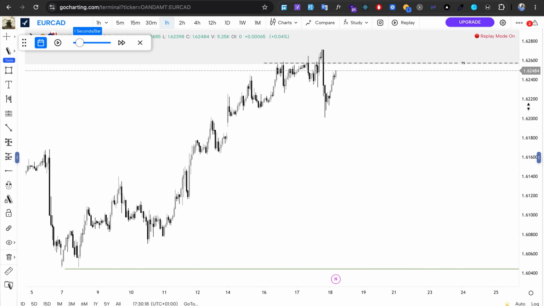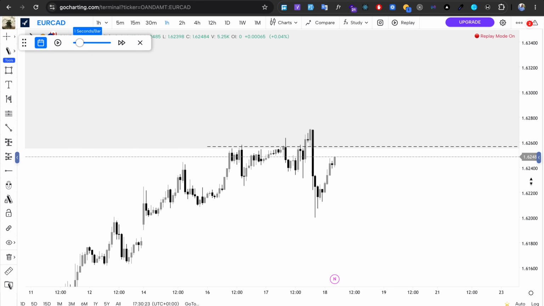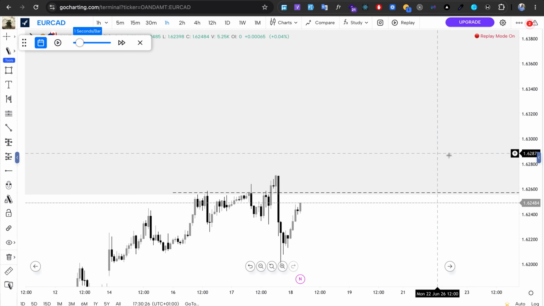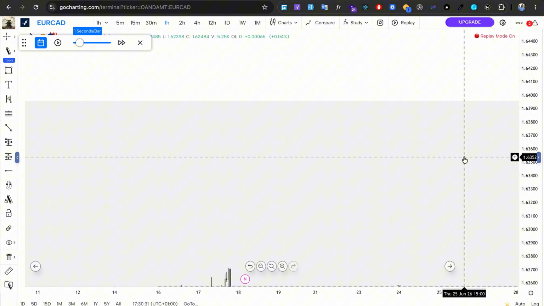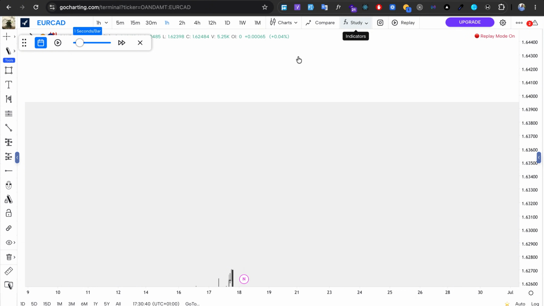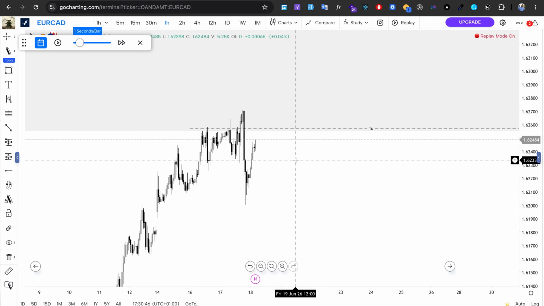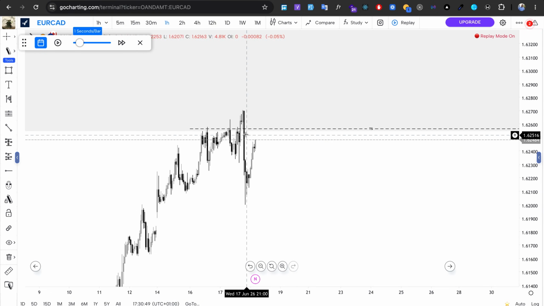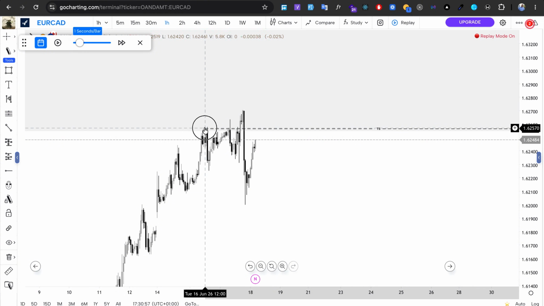So let's go lower. So 1 hour time frame. If you look at the 1 hour time frame, basically I would have said, okay, let's enter here.